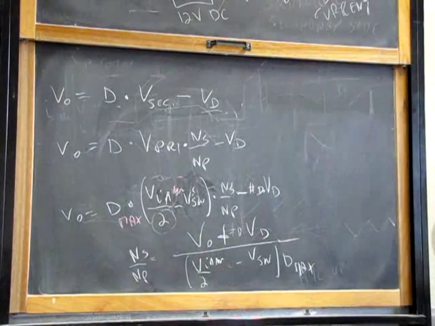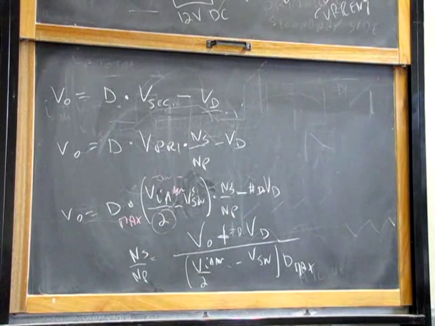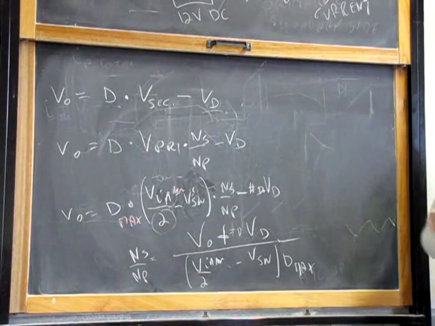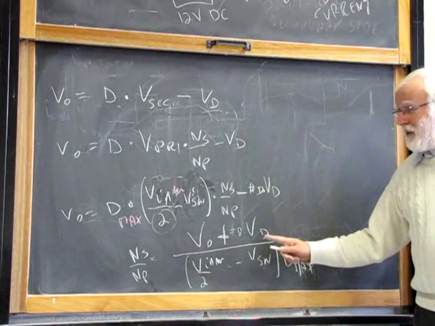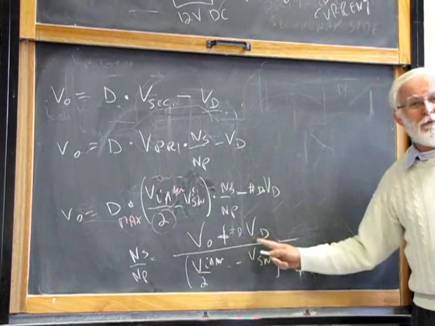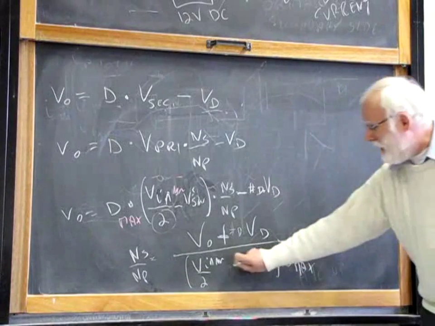Who wrote here a minus? Any idea who wrote a minus over there? No. It was me, maybe. Still the smoking gun in my hand. Okay, V0 plus the number of Vd, obviously, because you are losing output voltage with diodes, so you need to increase the ratio, divided by this stuff.